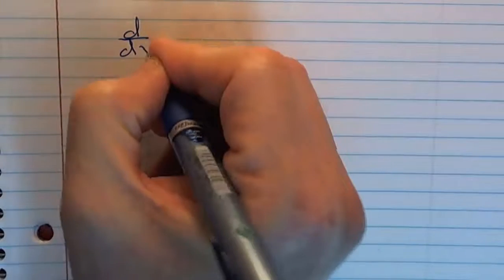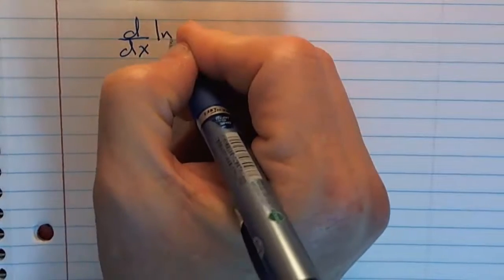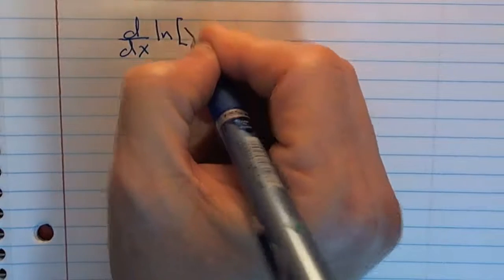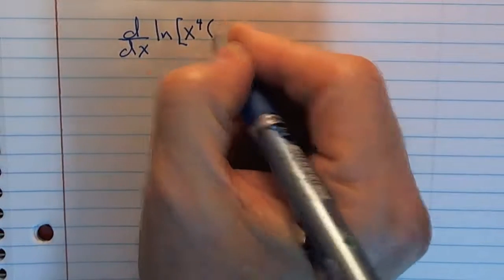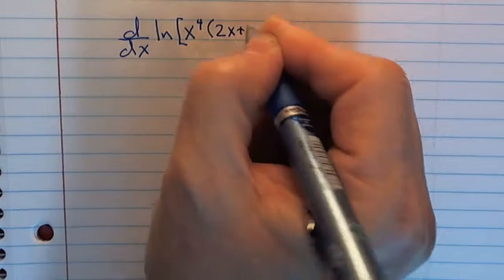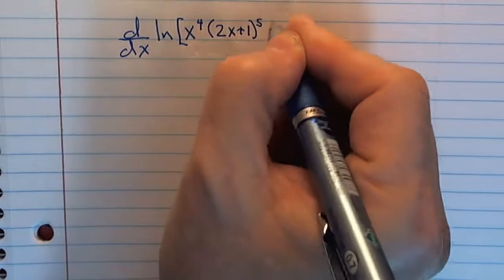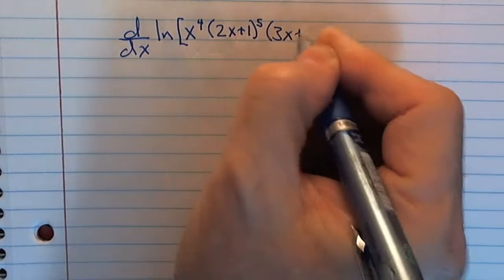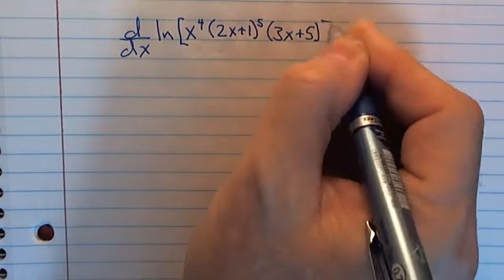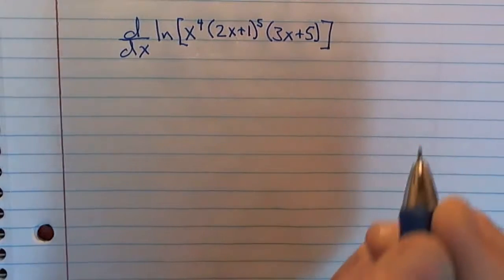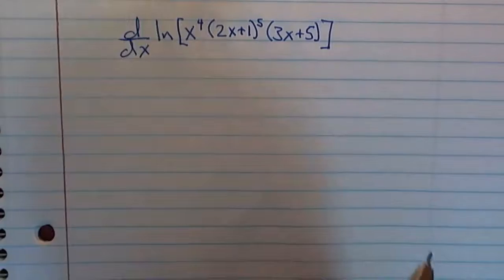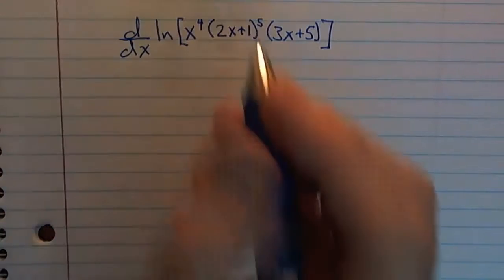Okay, now let's look at one that looks a little complicated if we don't use the properties of logs. Let's suppose we've got x to the fourth times 2x plus 1 to the fifth times 3x plus 5, something like that, and we want to find the derivative of that. Well, here's what we can do.